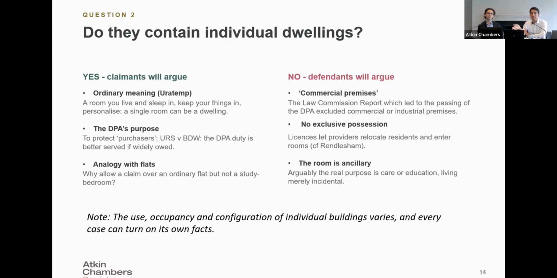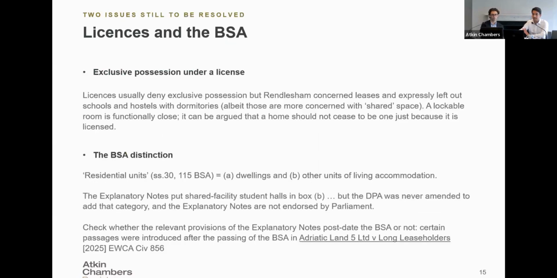But I think what's difficult in those circumstances is that in light of BDW and URS, developers are owed duties under the DPA, and commercial landlords, it seems to be well accepted, can bring claims under the DPA. So it's rather double-edged.